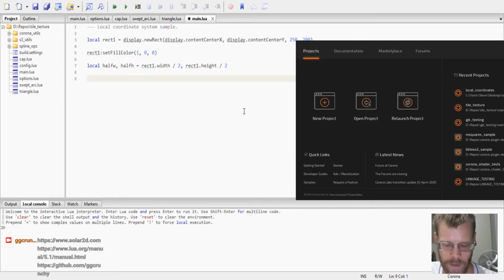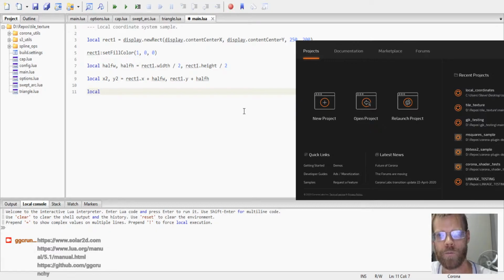And we can start from the rectangle's position and add those to one another. So x2, y2 would take the rect's position and add half the width, or take its y coordinate and then add half the height.